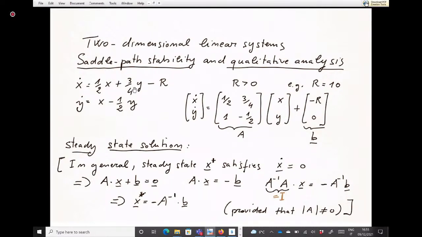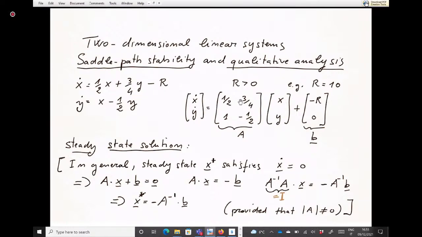So this depends positively on the levels of both variables, minus a constant here, which then will be set equal to 10. The second variable, y dot, depends positively on x, but negatively on y itself.